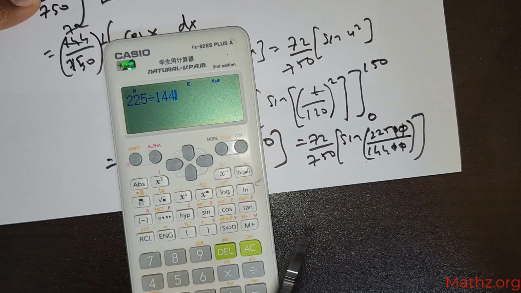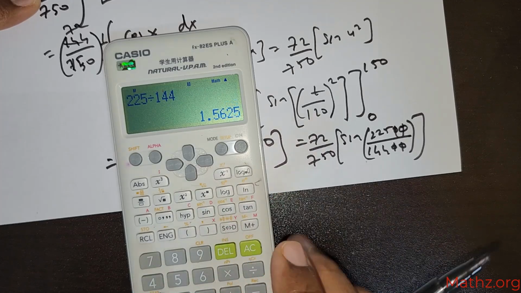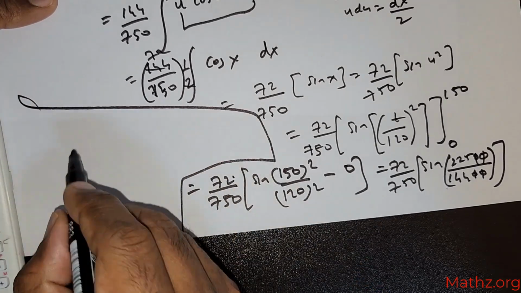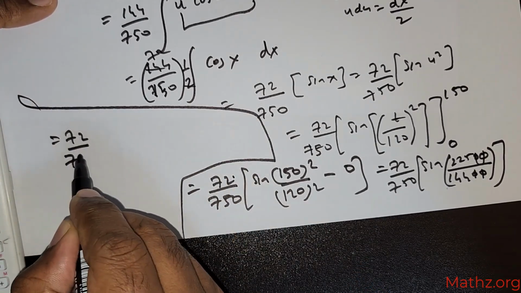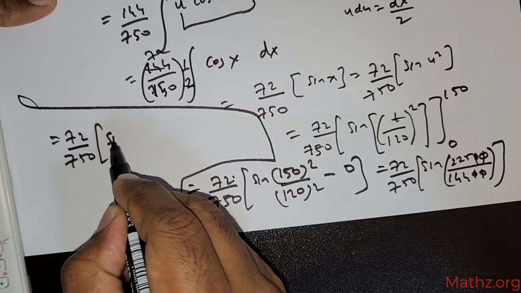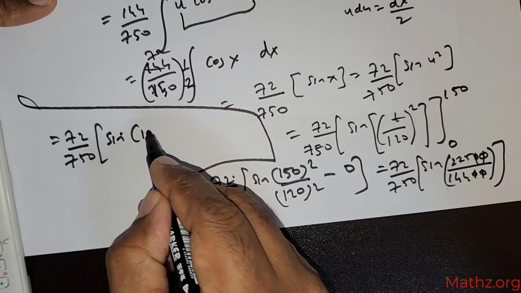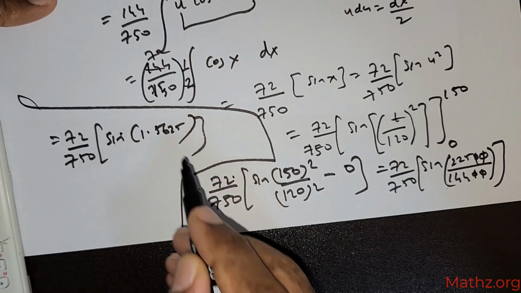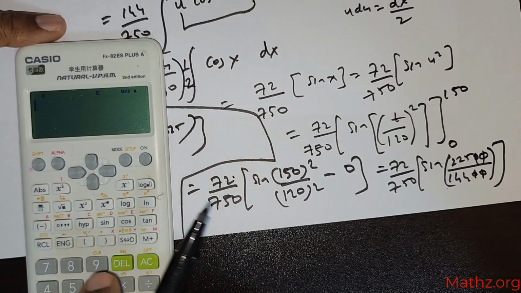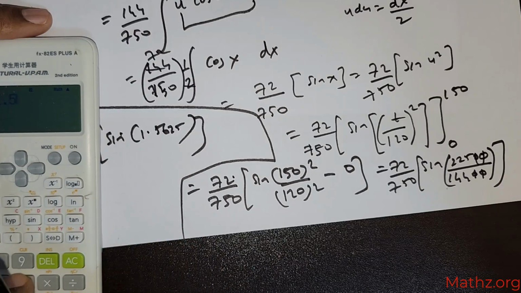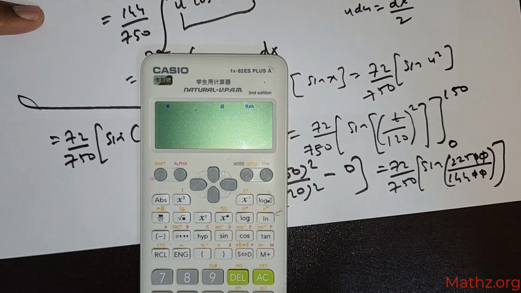225 divided by 144. That is 1.5625. So let me show that here. So this is 72 divided by 750 of sine of 1.5625. Now you calculate the sine of this value. So what is that?